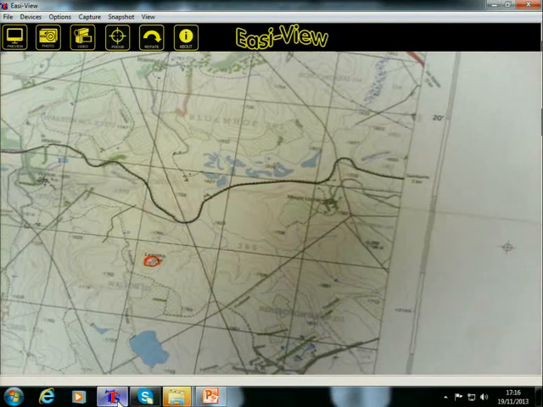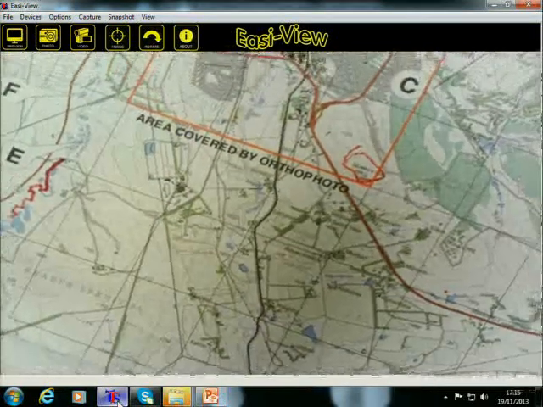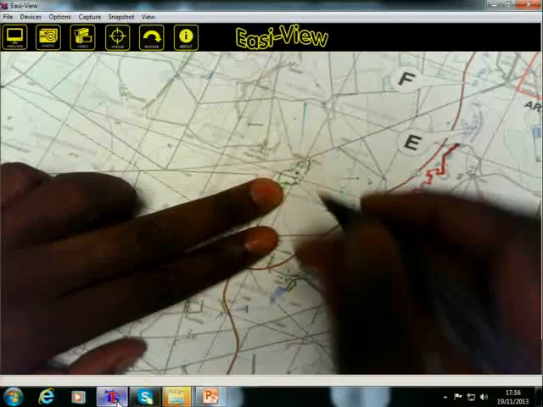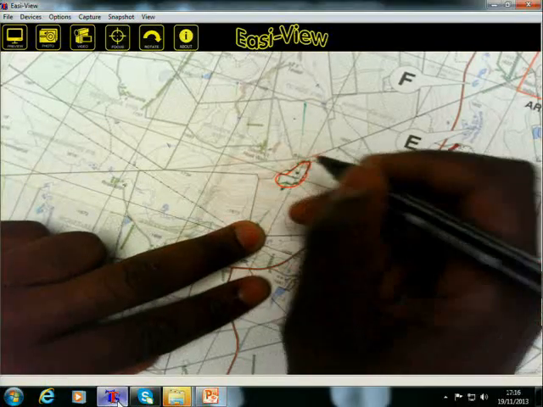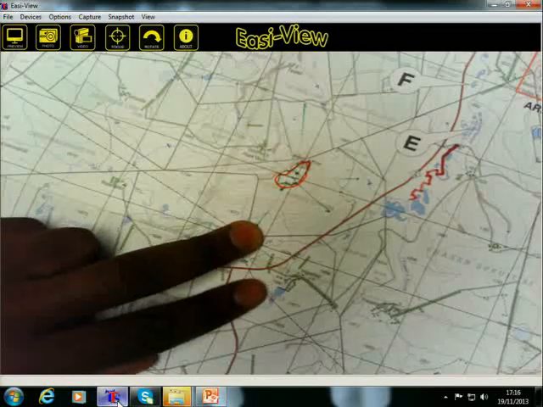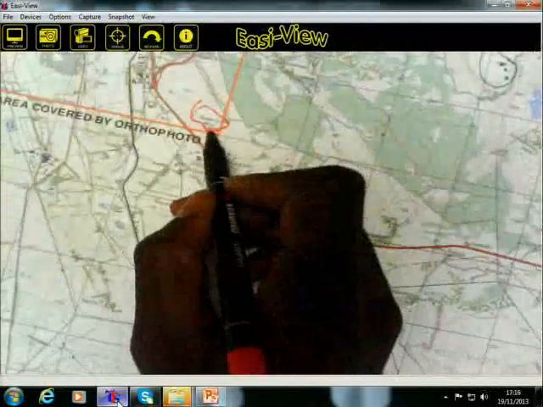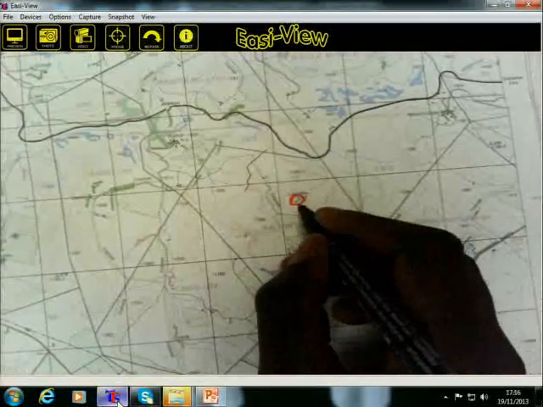Then compare that with the one in block E and F 4 and 5. Compare the three, the size of this one, the size of this one, and the size of the last one, which is your conical hill.